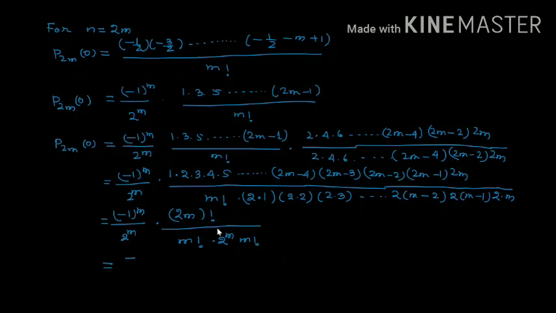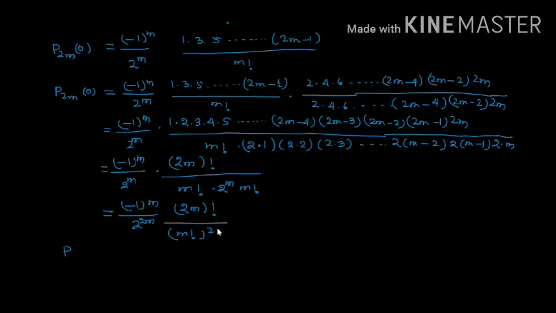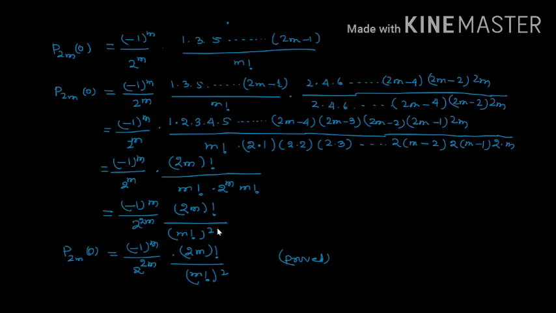So this is equal to minus 1 to the power m by 2 to the power m, 2m factorial divided by 2 to the power 2m, m factorial square. P2m of 0 is equal to minus 1 to the power m by 2 to the power 2m into 2m factorial divided by m factorial square. Proved. Thank you.